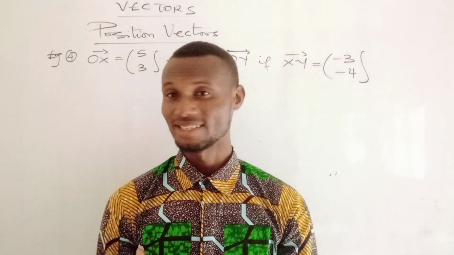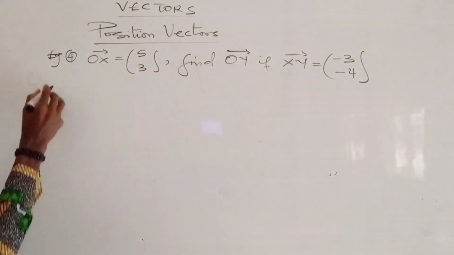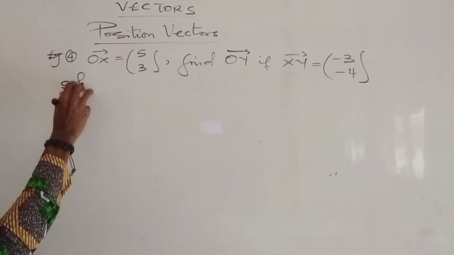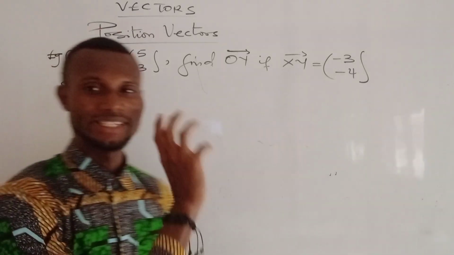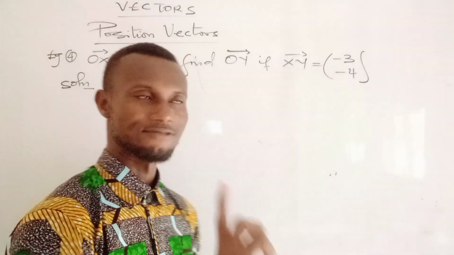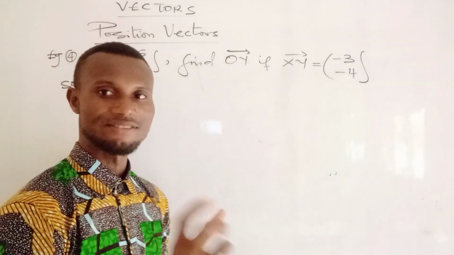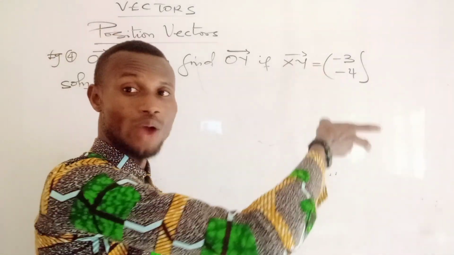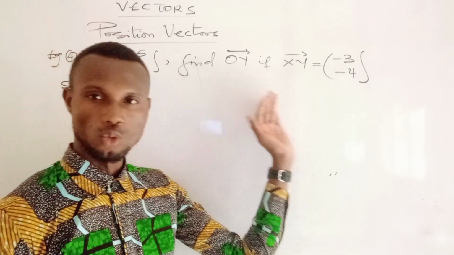So this is still on the position vectors. Let me write down my solution and let's do it together. Looking at the information given, we have been given the vector OS and also the vector SY, and we are being asked to find the vector OY.